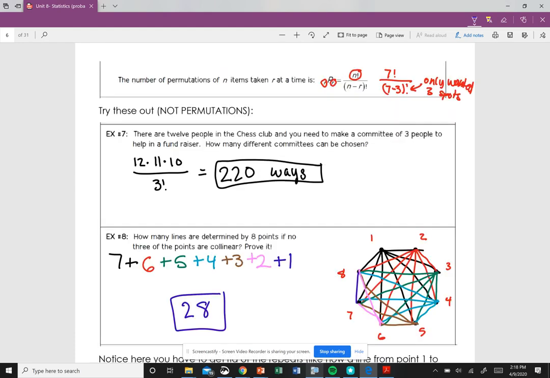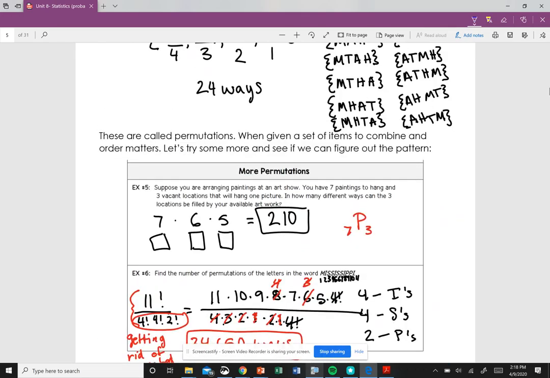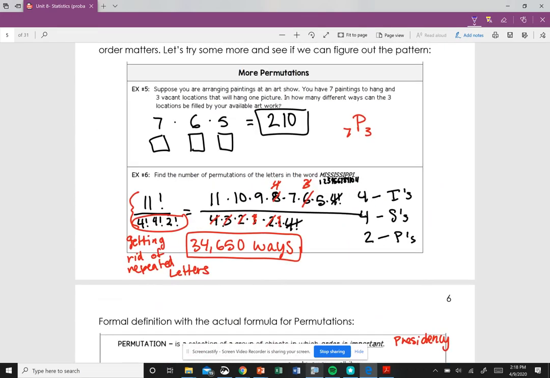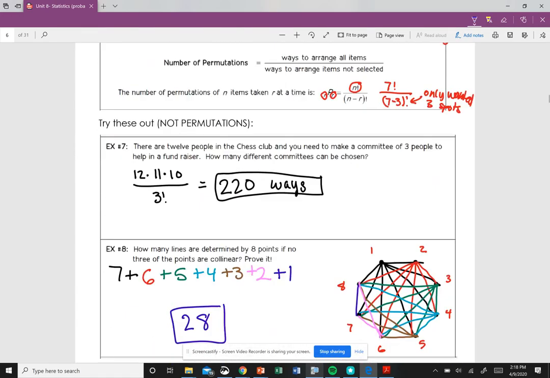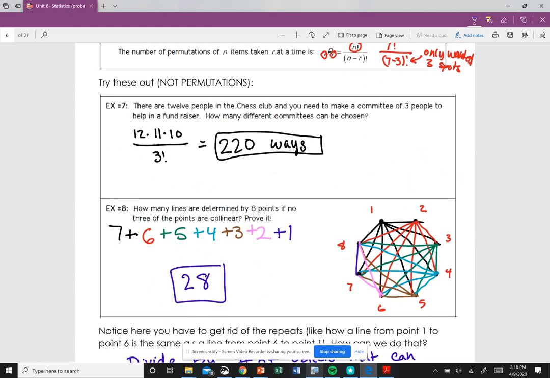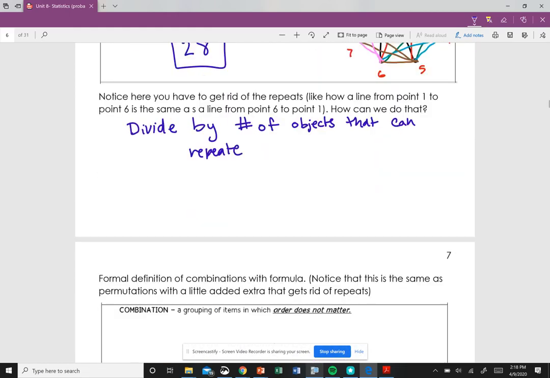Okay, and we did that up here with Mississippi, okay? We also did it right here when we got rid of the repeated members of the committee, okay?